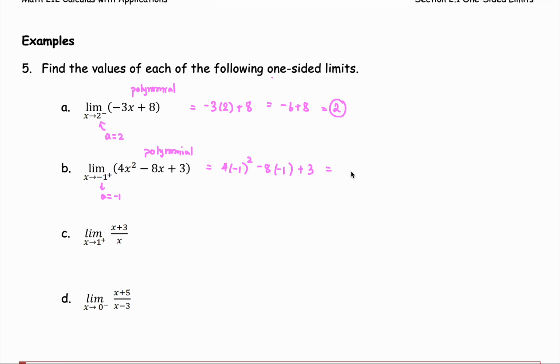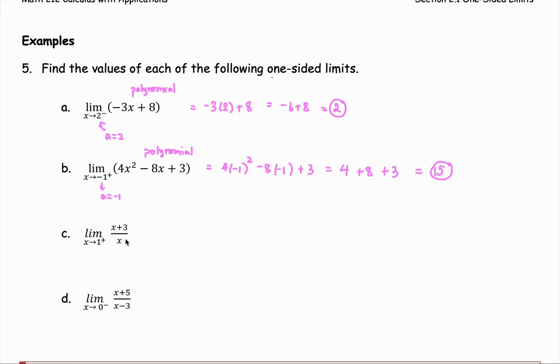Next, we simplify the numbers. For negative 1 squared, that is positive 1, times 4 becomes 4. Negative 8 times negative 1 becomes positive 8, and then plus 3. Now we have 4 plus 8, which is 12. 12 plus 3 becomes 15, as the right-hand limit of this function.